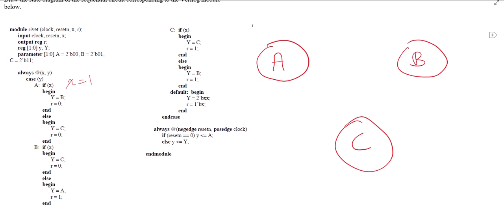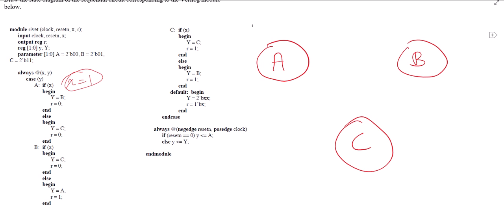So if X equals 1, then it tells us what the next state is, what Y is, and it tells us what the output is. R is our output. So that depended on our input, so that makes this a Mealy machine.